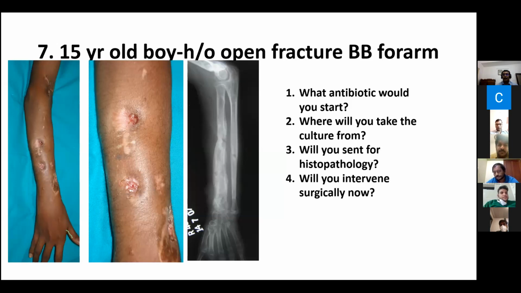Okay. Now, in this particular case, seeing the X-ray, will you now intervene surgically? No, sir. Why will you not intervene surgically? Circumferential involucrum has not been found, sir.